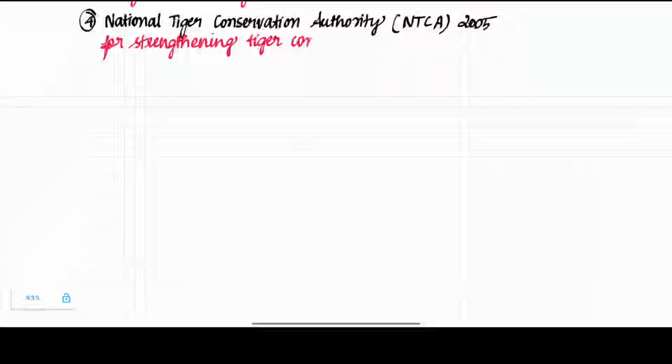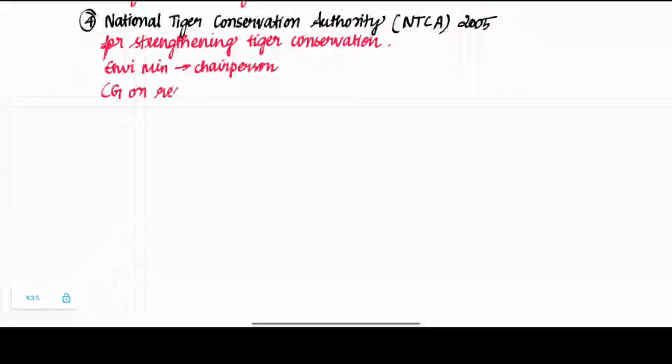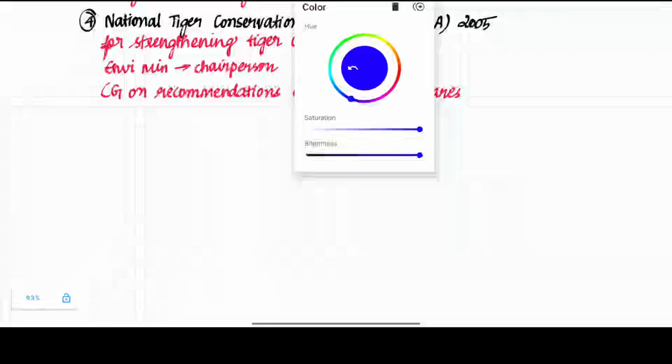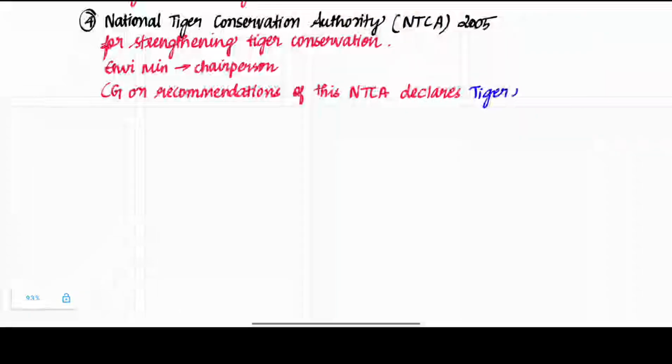The Environment Minister is the chairperson. Then the central government, on recommendations of this NTCA, declares the tiger reserves.